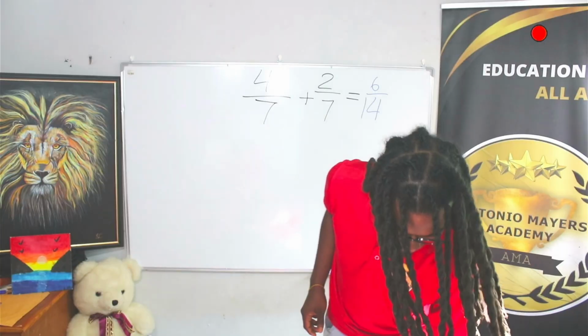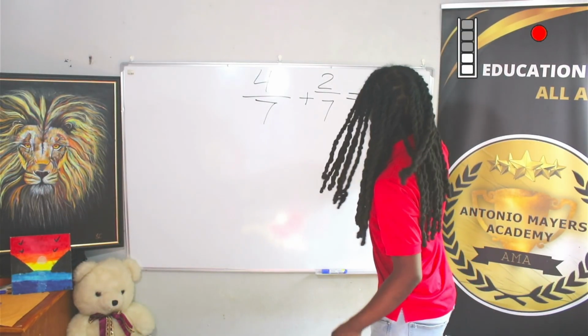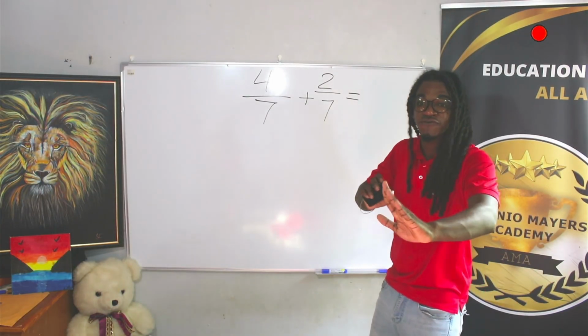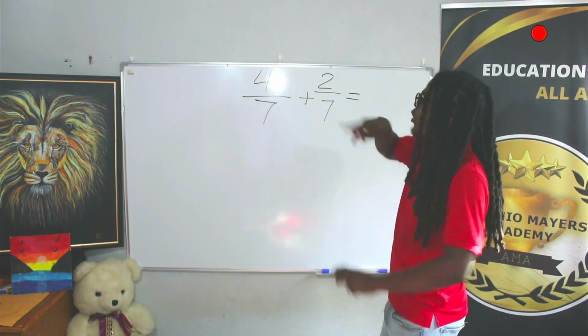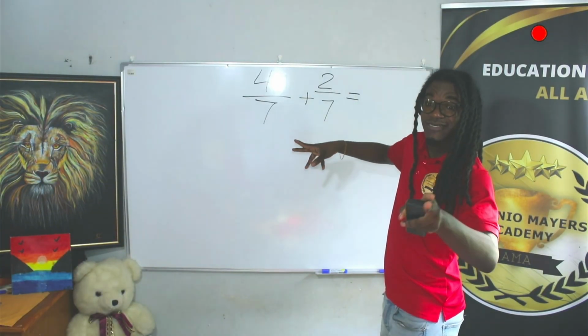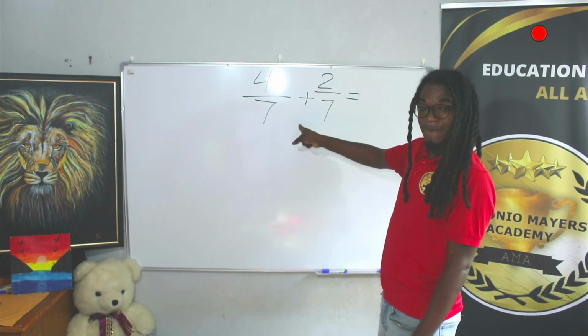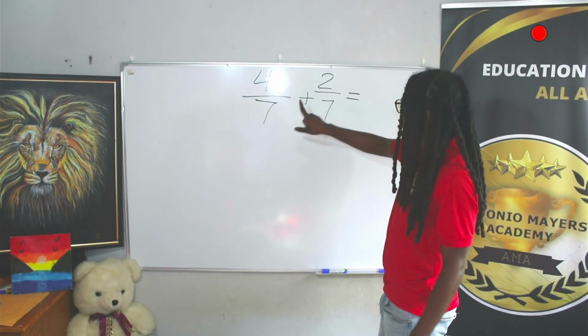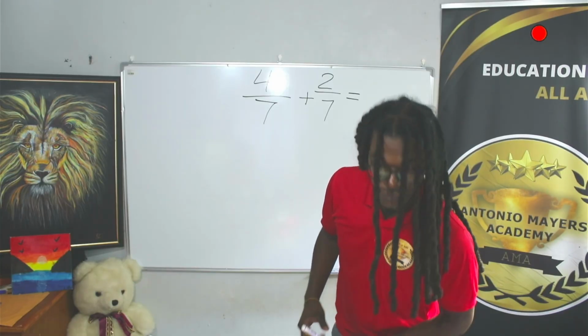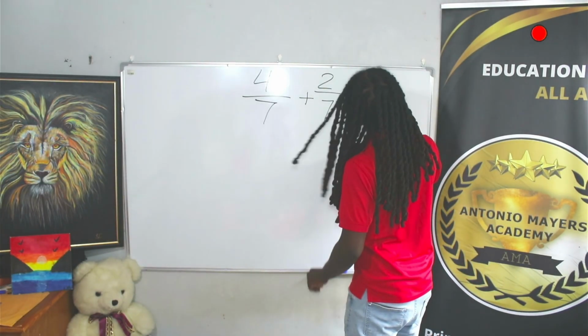So when we add fractions with the same denominator, this is how it goes. We have a couple of steps to follow. The first thing that we need to do, watch the question. We need to check and see if the denominator is the same. The denominator is the number below, right? So it has 7 and 7, the denominator is the same. So what we're going to do with that now, we're just going to put it back right here one time.